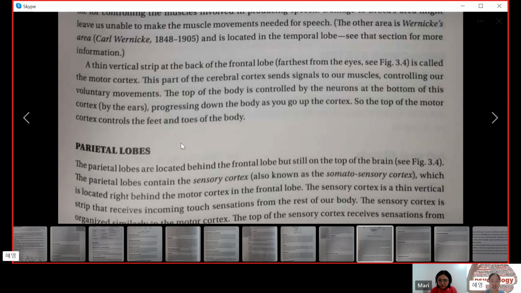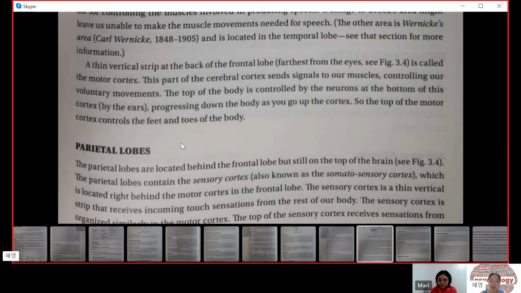The bottom of the body is controlled by the neurons at the top of this cortex, progressing down the body as we go down the cortex. So, the top of the motor cortex controls the feet and toes.